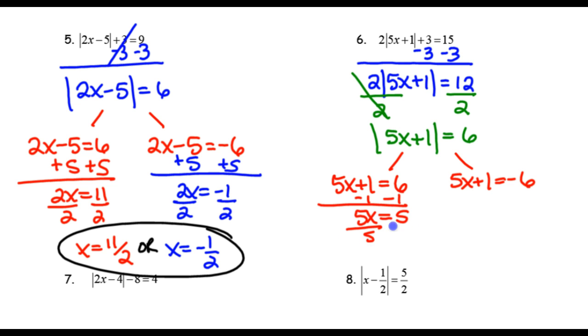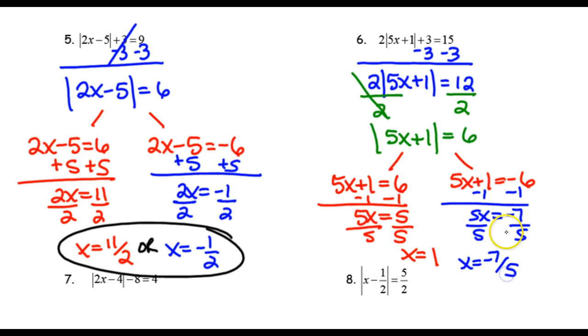Divide both sides by 5. x equals 1. I'm going to solve the other one. Subtract 1 from both sides. 5x equals negative 7. Divide both sides by 5. x equals negative 7/5. So again, it's one or the other. That whole thing is the answer.